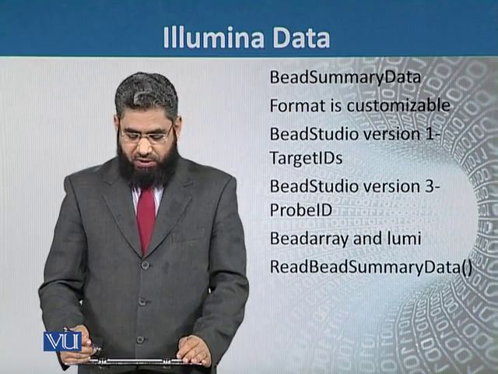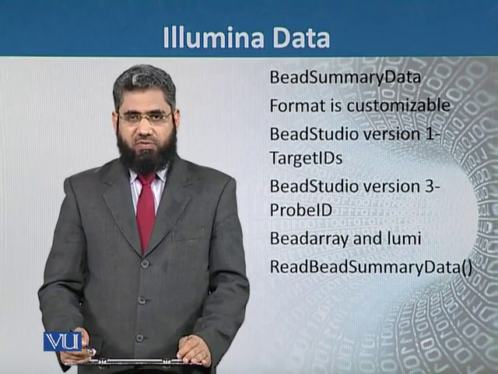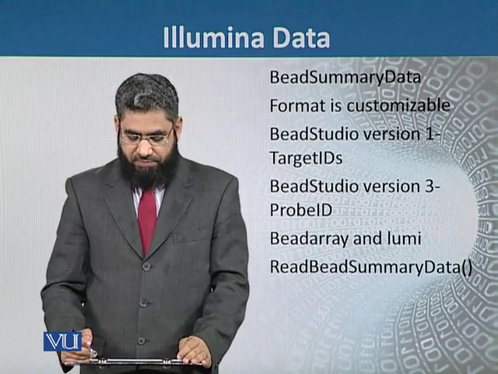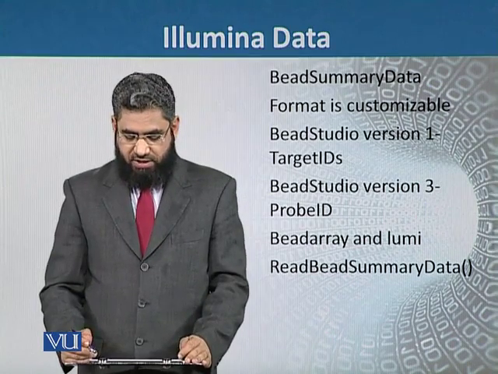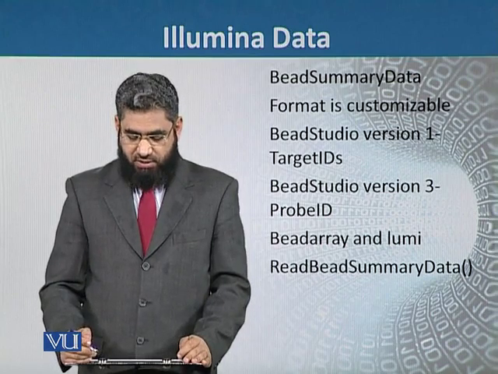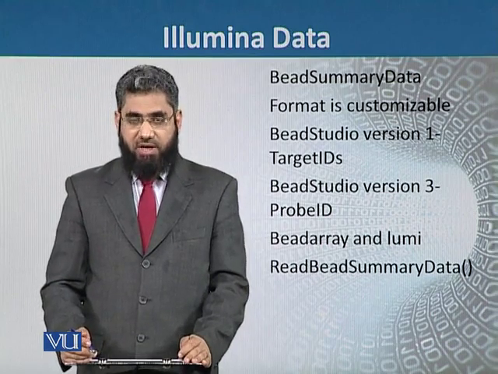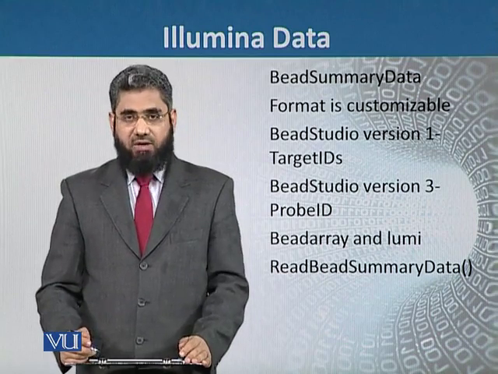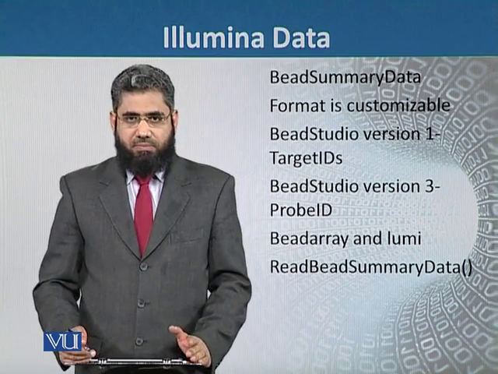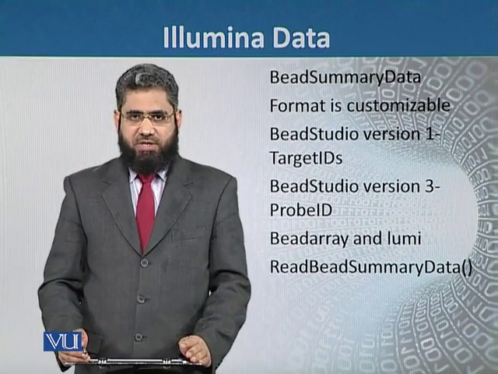and we can customize the format of this bead summary data. One type of bead summary data is BeadStudio version 1 data, and this BeadStudio version 1 data uses target IDs for the various types of genes.